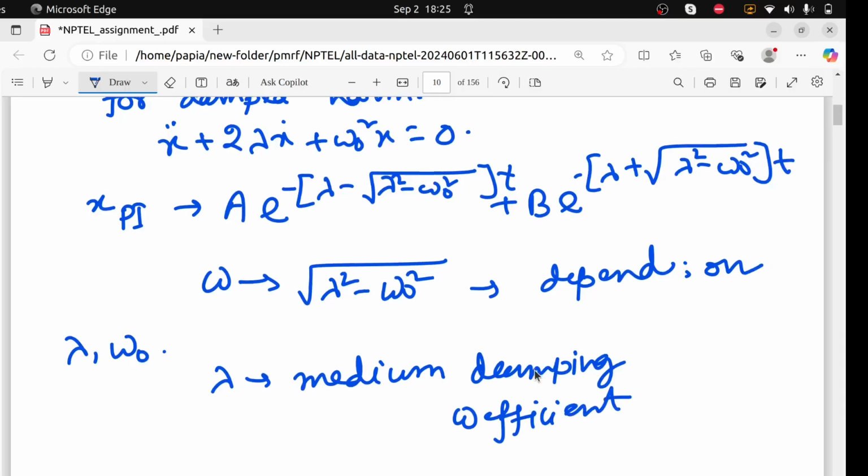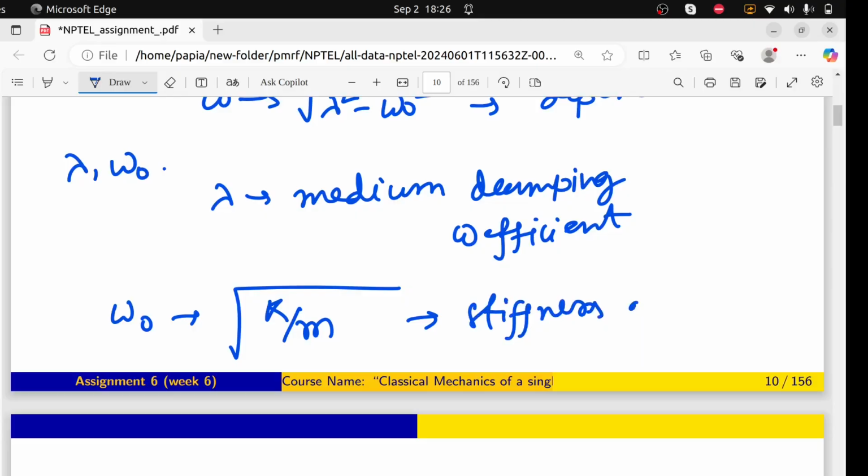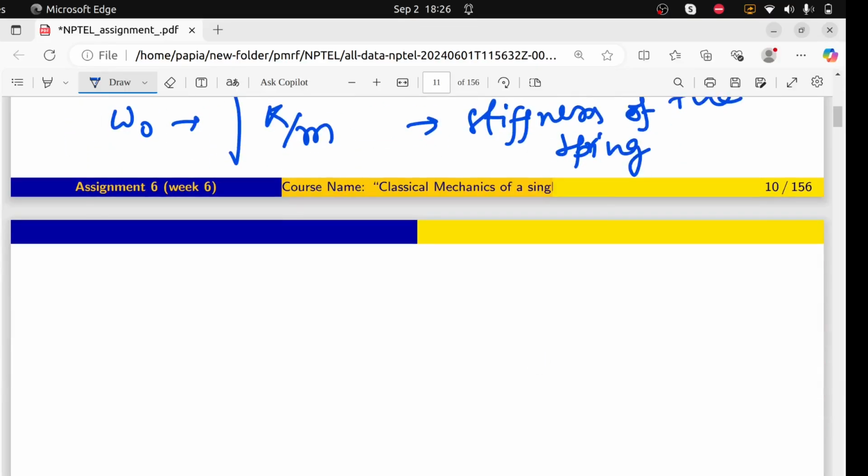Okay. Now coming to omega 0. Omega 0 is root over k by m. That means the stiffness of the spring, and m is the mass of the bob.